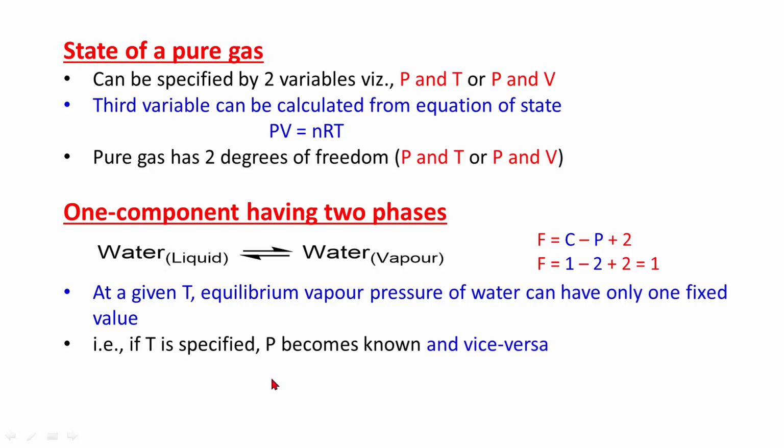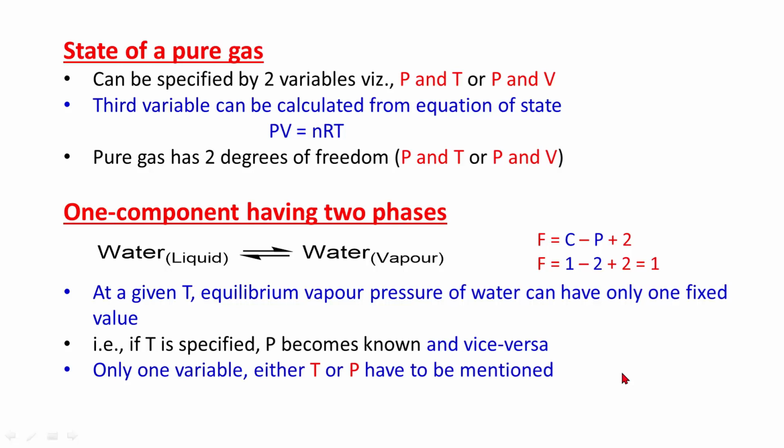That is, if temperature is specified, pressure becomes known and vice versa. Only one variable, either temperature or pressure, has to be mentioned for this equilibrium. System is termed as monovariant or univariant.